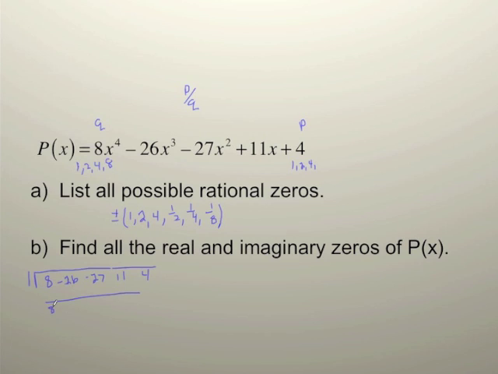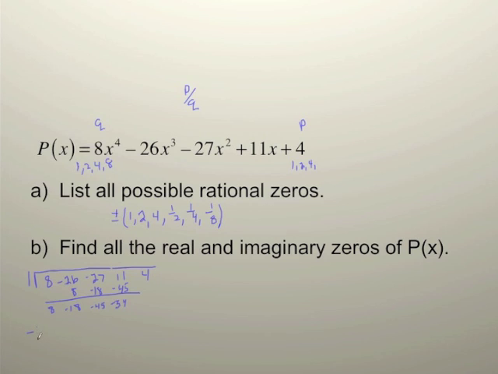Write down my 8, and that'll be negative 18, negative 18 will be negative 45, negative 45, negative 34, it's not going to work.